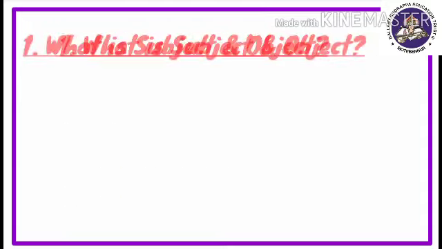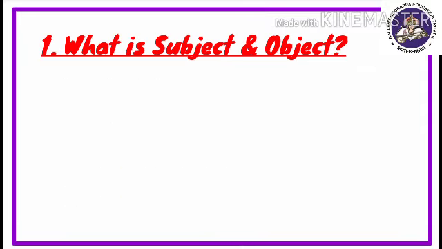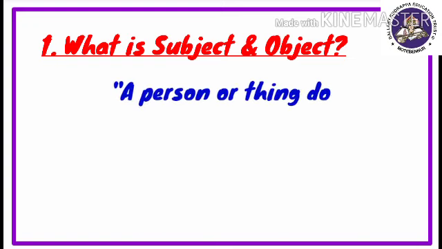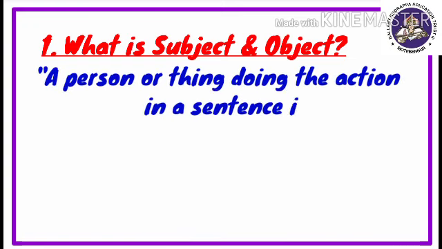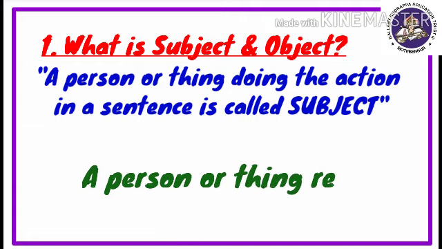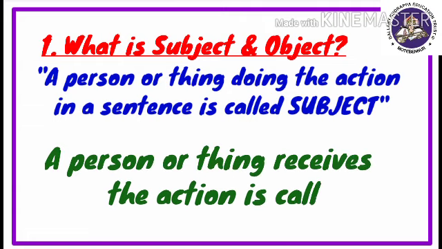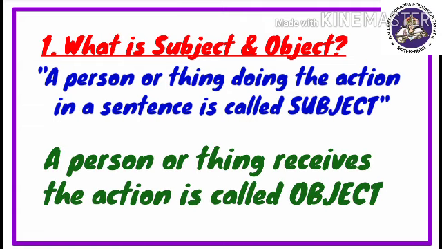Dear students, I hope you already know what is subject and object. Even though, just let me refresh your memory. As you know, a person or thing doing an action in a sentence is called subject and the person or thing receiving the action is considered as object.